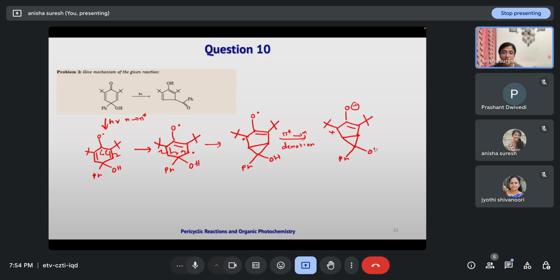So upon this, this bond will cleave and it will attack at the center, leading to formation of a double bond O.